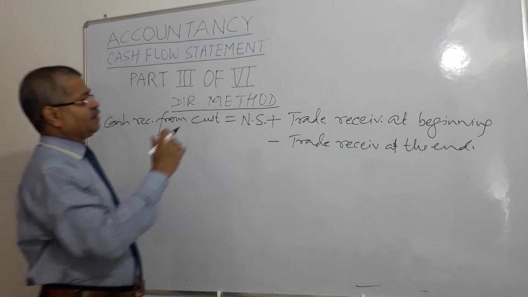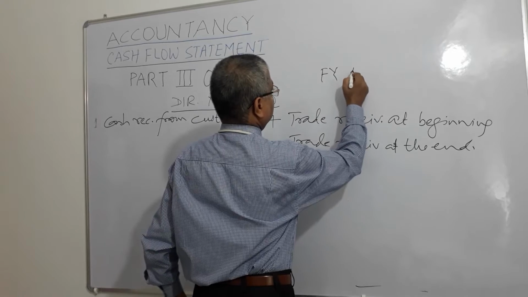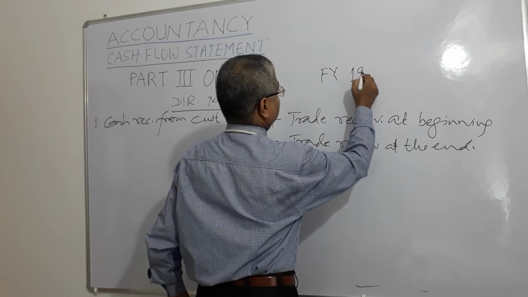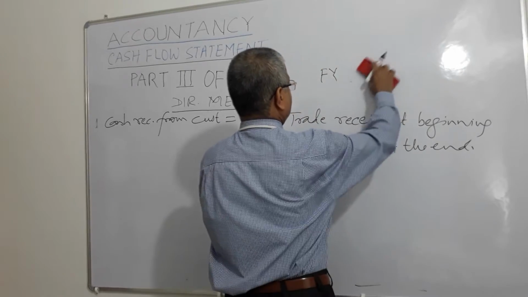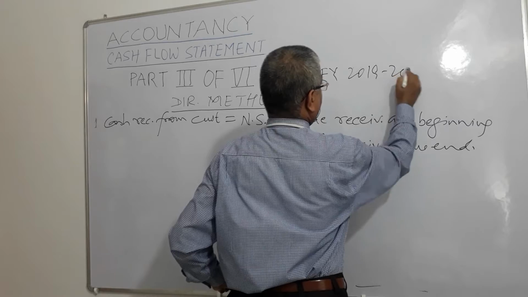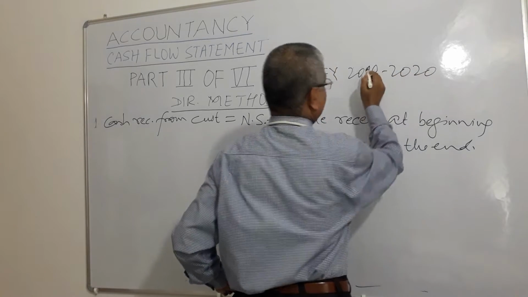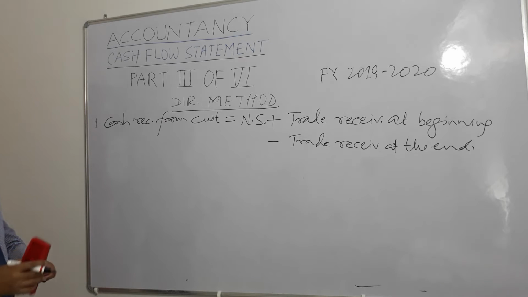We can take an example. Suppose it is financial year 2019-2020, which has ended 6 months back as on 31st March.